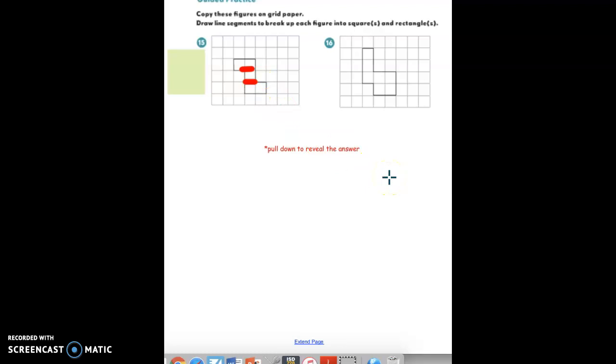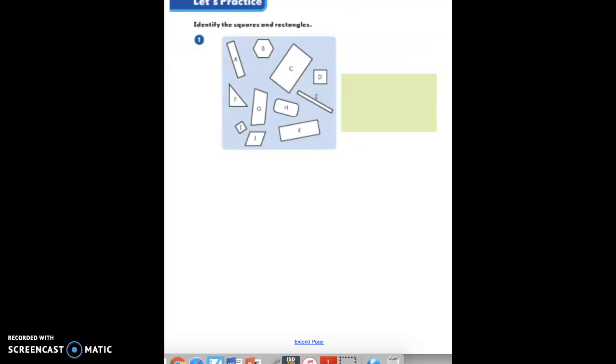So you're looking at the other side, and with the other side, I'd want to go right here. Then I have 1 long rectangle and 1 square. Now on this one, you're going to identify the squares and the rectangles.